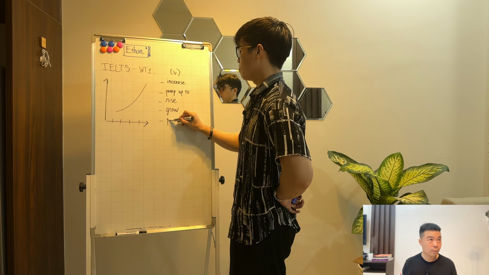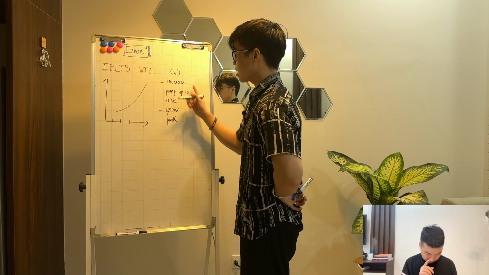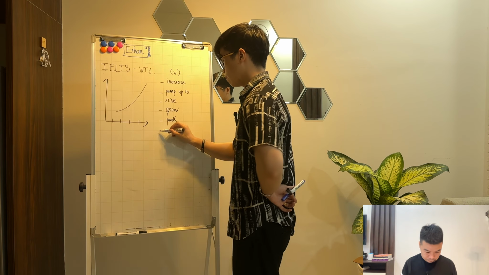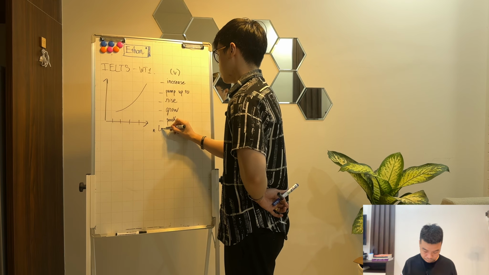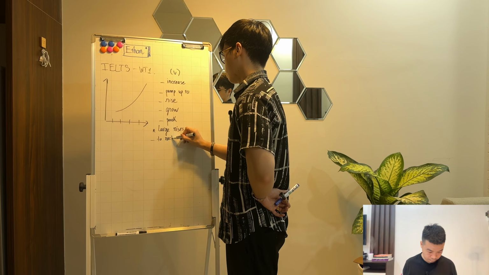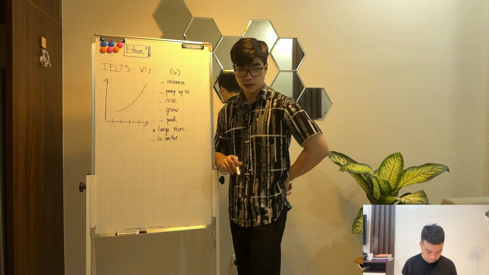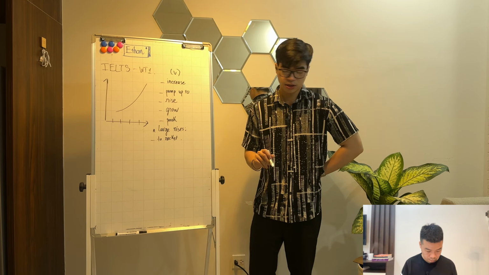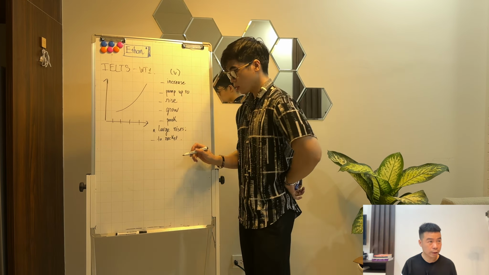Rồi, một vài cái nếu như mà đây là những cái dạng tăng bình thường. Còn bây giờ em nói về large rises. Large rises ví dụ như là to rocket. Đó. Nhảy tên lửa lên luôn á. Rocket. To soar.